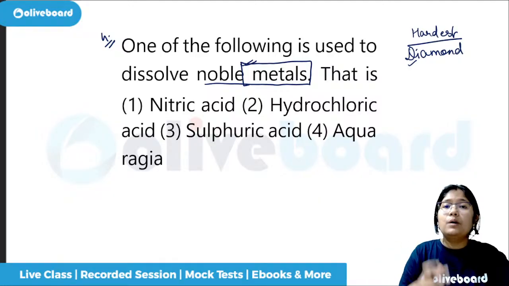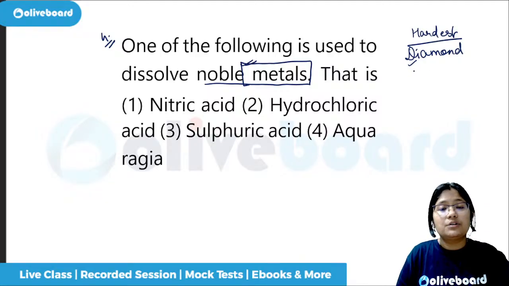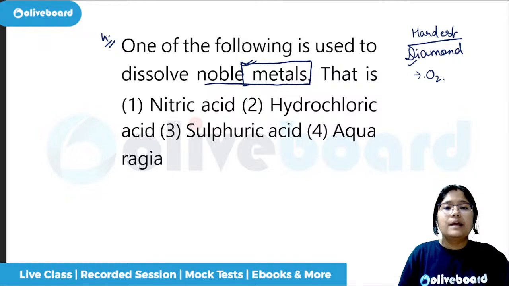It is only about what we are using. In this case, we are using a high temperature with the purest form of oxygen. So though noble metals do not dissolve and are non-reactive ideally, is it possible to dissolve them?